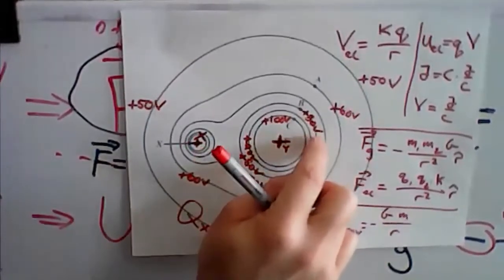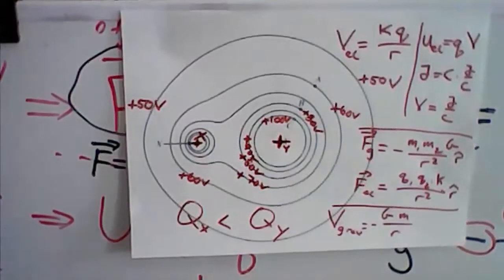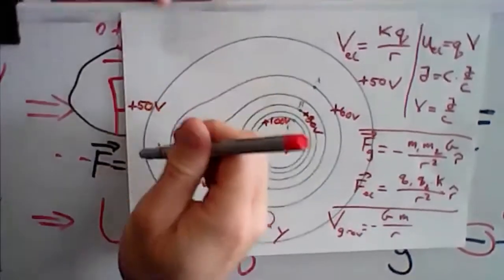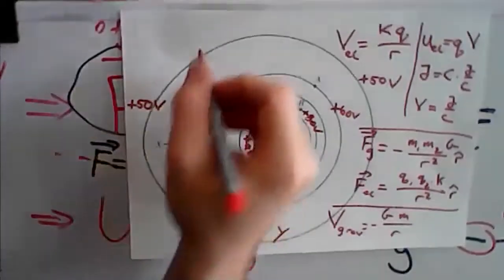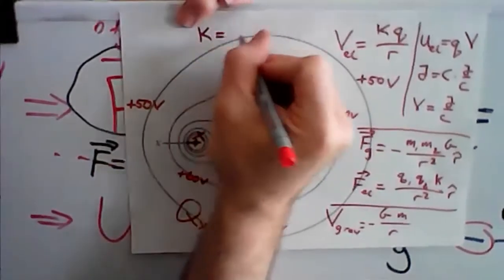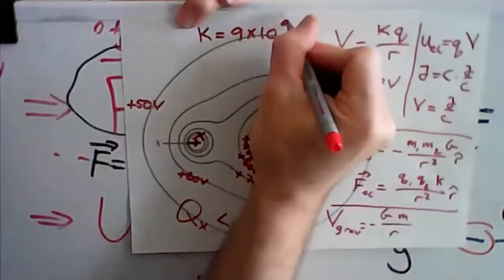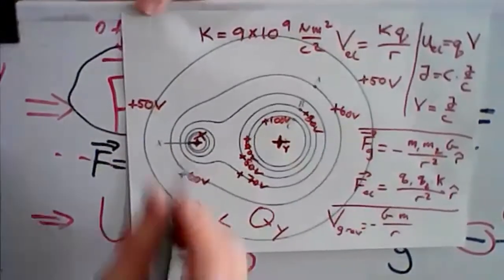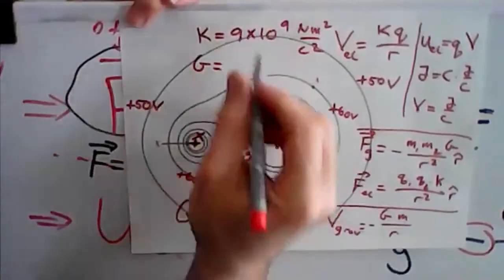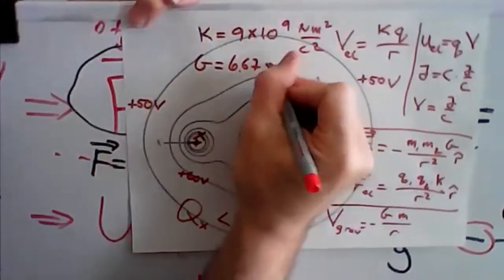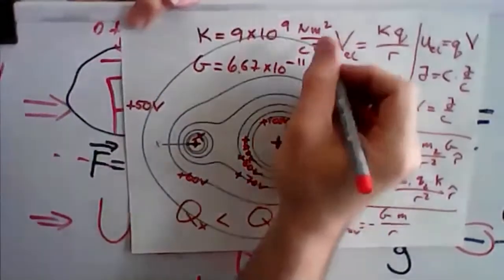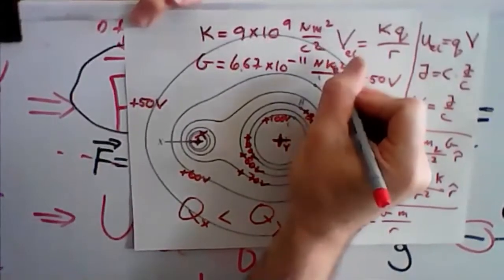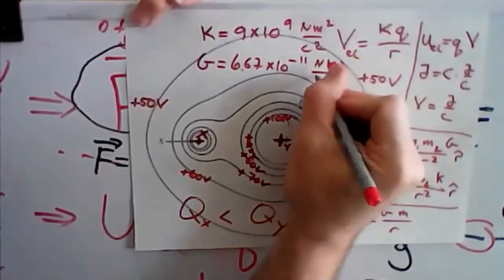The differences here would be very, very small because gravitational force is relatively speaking a lot smaller. And the reason for that is that K, just a reminder, is 9 times 10 to the 9 newton meters squared per coulomb squared. That's showing up, isn't it? And G, which is the gravitational constant, is 6.67 times 10 to the minus 11 newton meters squared per kilogram squared.